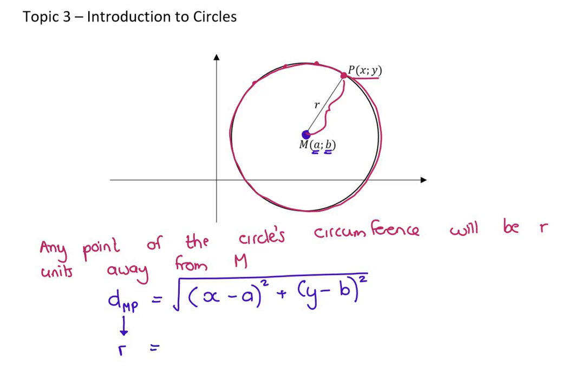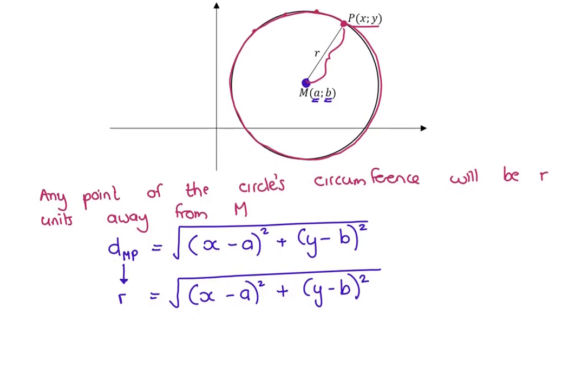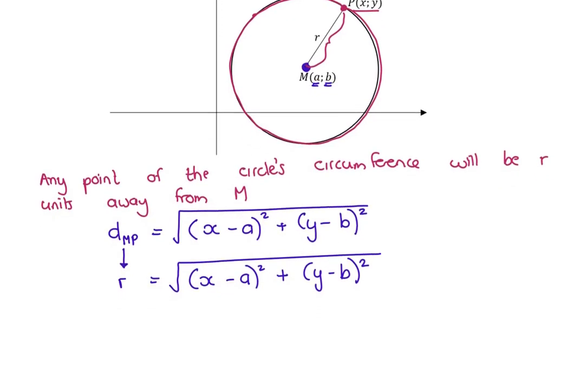So now I know that the radius of this circle has to always be equal to the square root of x minus a squared, plus y minus b squared, for any point on the circumference. Now that should be something that is fairly obvious to you, simply because that's the distance formula.